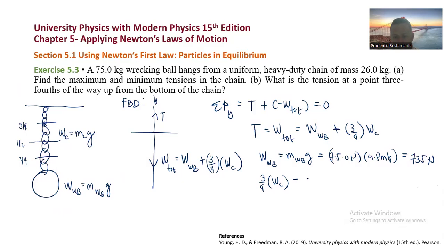The 3/4 weight is 3/4 times the mass of the chain times the acceleration due to gravity. So we have 3/4 times 26.0 kilograms, I'm sorry, this is not Newton, this is kilograms, times 9.8 meters per second squared.